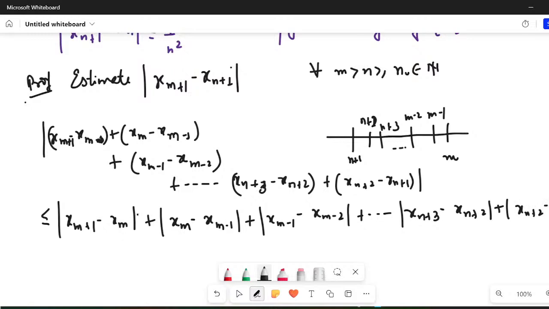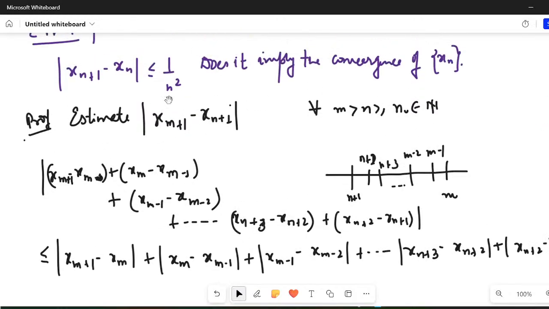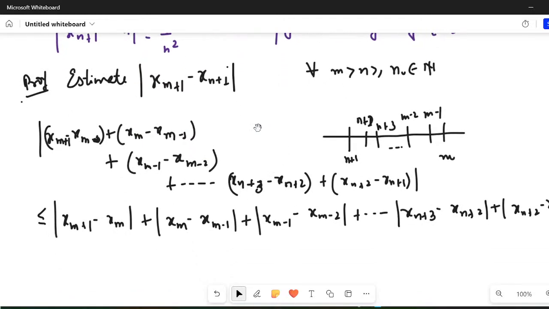So this is what you're going to have. Now you see, if this remains your case, that is |x_{n+1} minus x_n| is less than or equal to 1 over n squared. So instead of x_m minus x_n, I'm estimating x_{m+1} minus x_{n+1}. The reasons you'll get later, because if I initiate from m, then this will be x_m minus x_{m-1}, so this becomes (m minus 1) squared, and somehow I just don't like it.